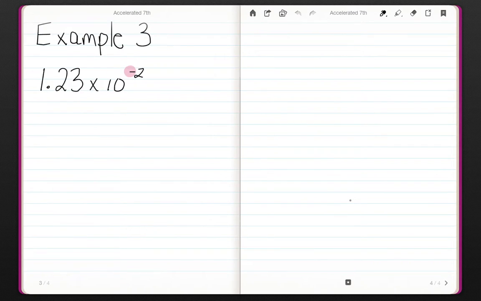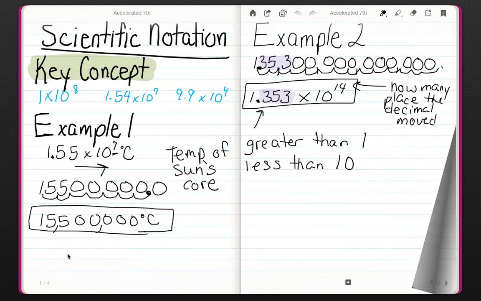Next page. So here I have a number in scientific notation, 1.23 times 10 to the negative second power. So when we are writing very small numbers, if you look back at the previous page, both of these are very large numbers, 135 trillion, even larger, and 15 million.